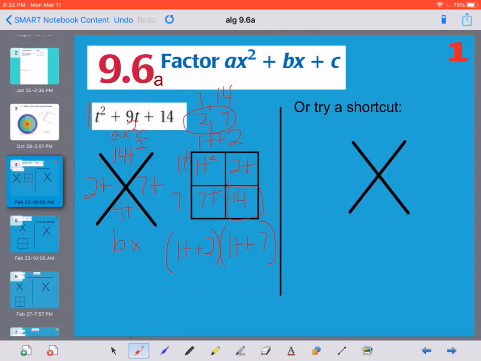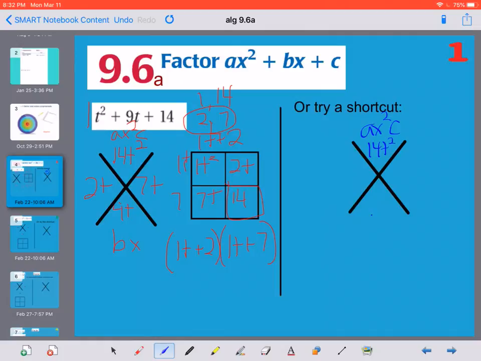Now there is a shortcut that you can do. So I'm going to show you this, and then you guys can decide which ones that you want to do. So we're going to stick with the ax squared times c. So we figured out that that was 14t squared.